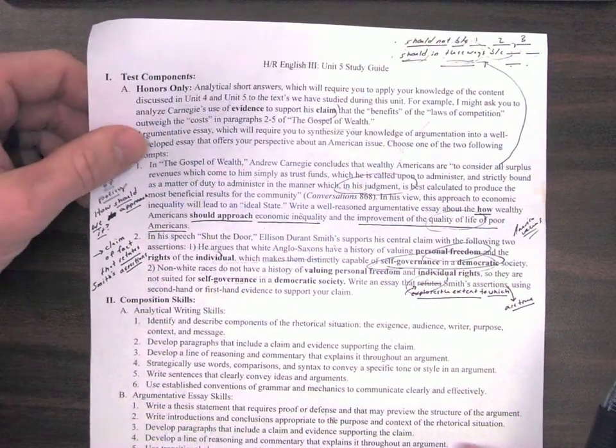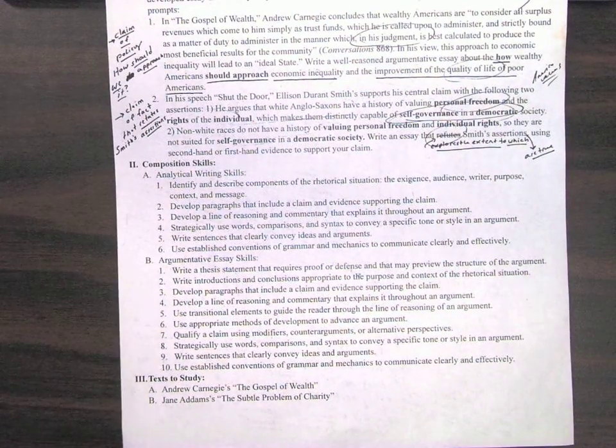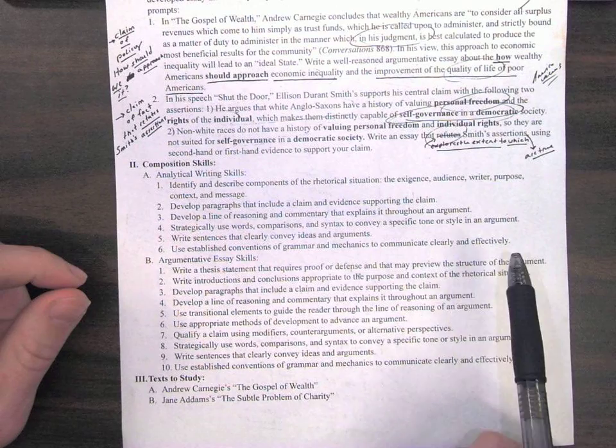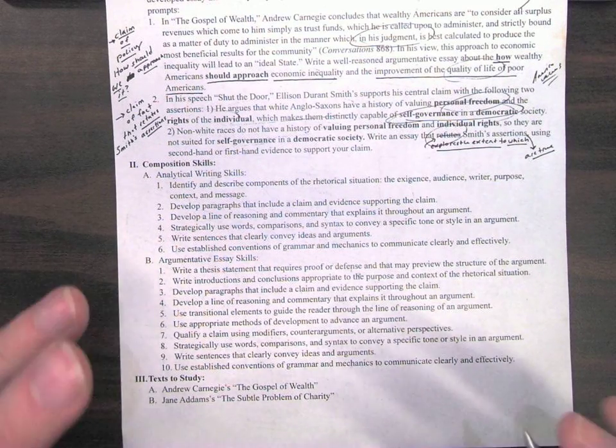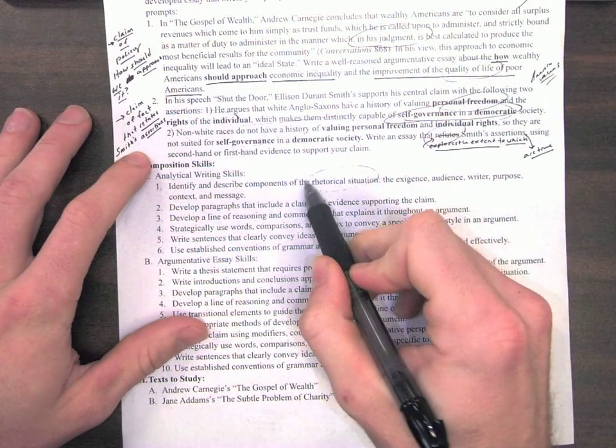All right, so let's talk quickly about some of the composition skills that you will need to illustrate, that I will be grading on your test. For the analytical portions, you need to be able to understand, describe, and explain the elements of the rhetorical situation.